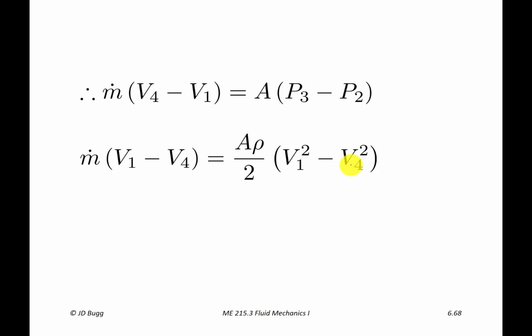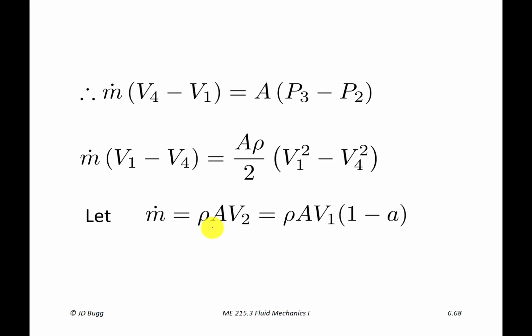Now the next thing we would like to do with this is get rid of this mass flow rate, or at least get it in terms of the other parameters that are already in this equation. So mass flow rate is density times the area of the rotor. Notice I don't have a subscript on here, so that's the area of the rotor, times V2.